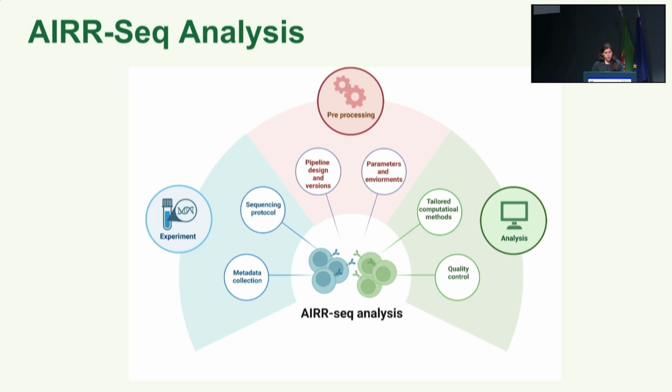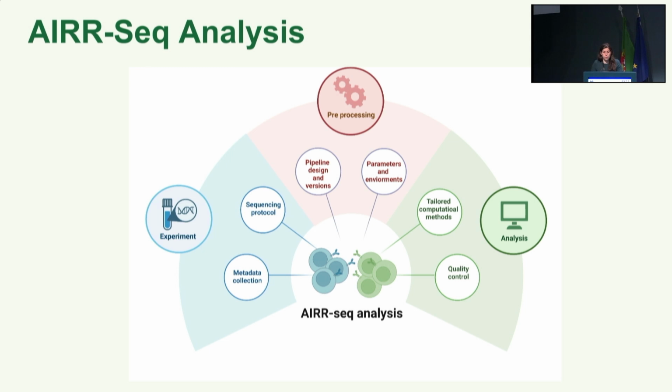And when we speak about AIRR-seq analysis, we can divide it into three segments. In the first segment, we have what has come from the experimental side, like how we design our data, how we collect the metadata, what the sequencing protocol is, and so on. The next is pre-processing, meaning once we sequence our data, how we process it, what the design of the protocol and the primers is, how we take the data from the raw reads until we can go into the annotation side.